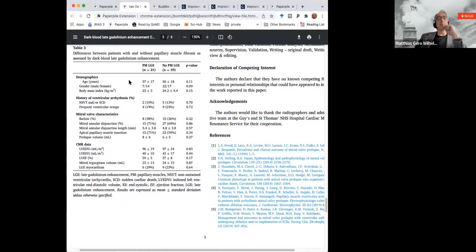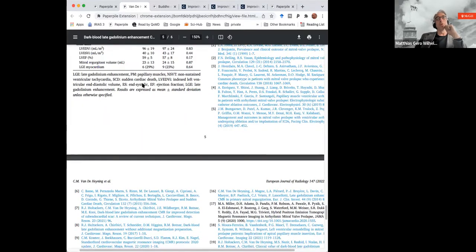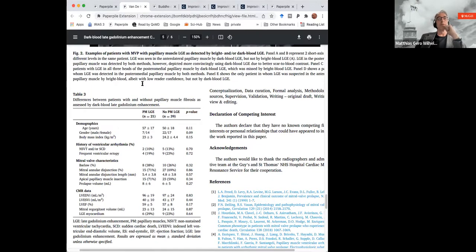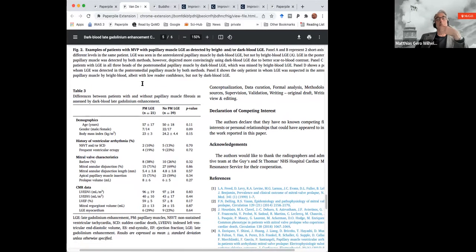So what they overall found is that, of course, pretty obvious, looking at the sensitivity of the technique to identify papillary muscle scars, there's a higher sensitivity.